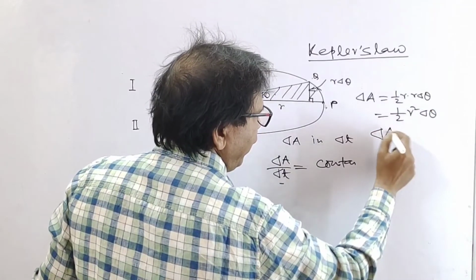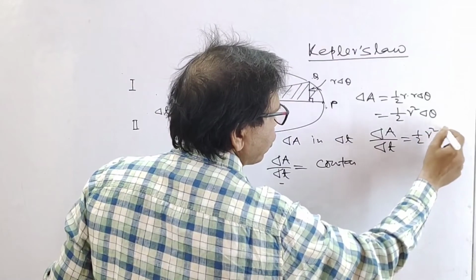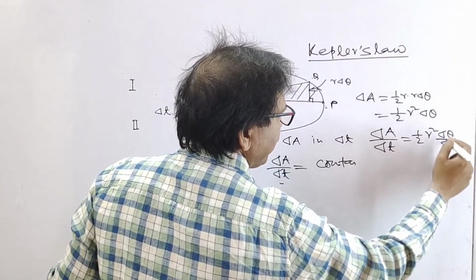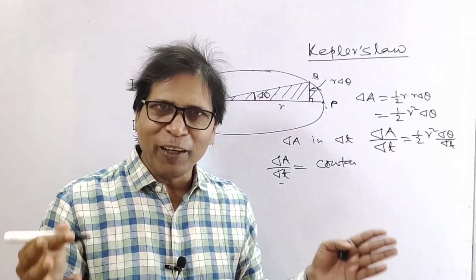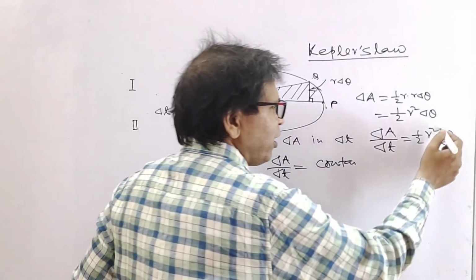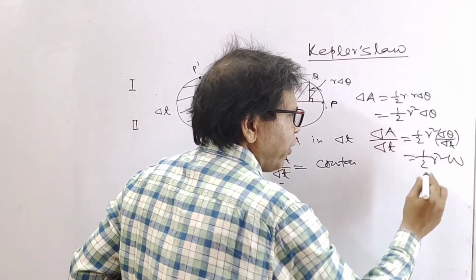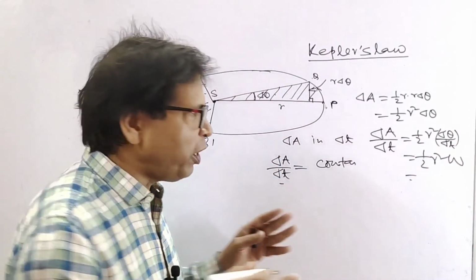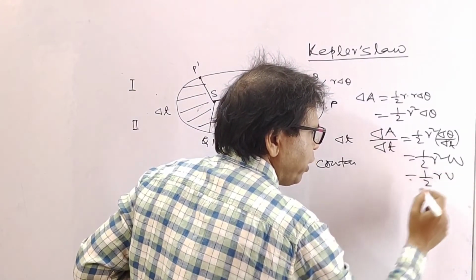Now delta A by delta t equals half r² delta theta by delta t. Now delta theta by delta t is equal to omega, so this is half r² omega. Now r omega equals v, so this is r into v.